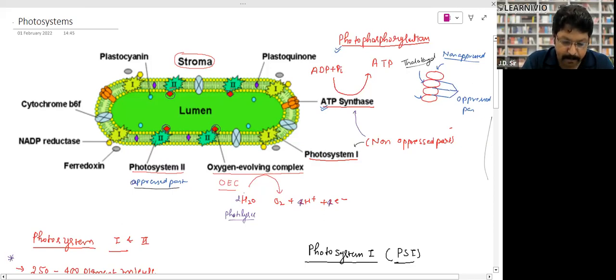OEC helps in breakdown of the water molecule, that is photolysis of water, which takes place in the appressed part only.